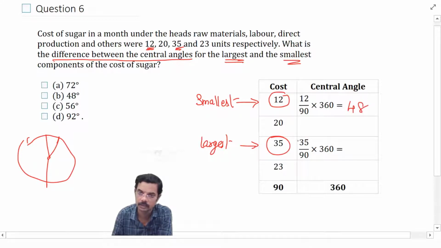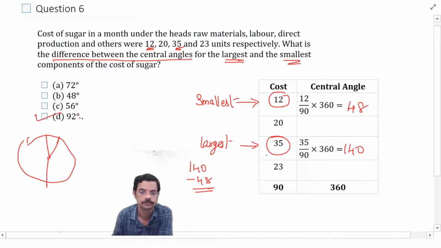And 35 by 90 into 360 will be 140. We are supposed to find out the difference between the central angles. So the difference between 140 and 48 is 140 minus 48. So the answer is 92.